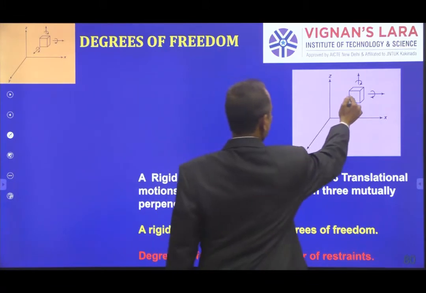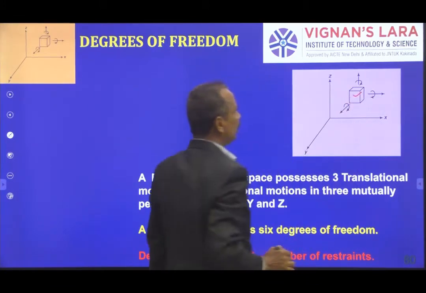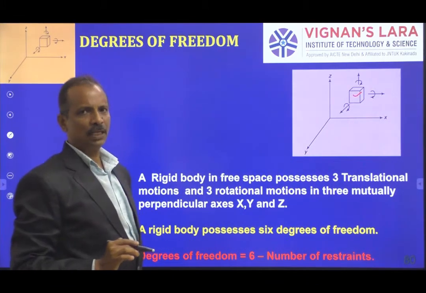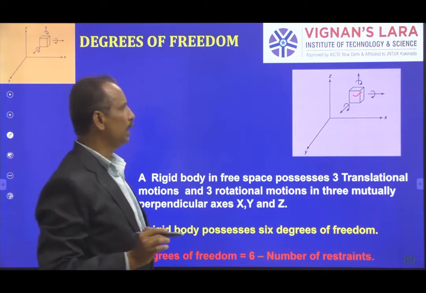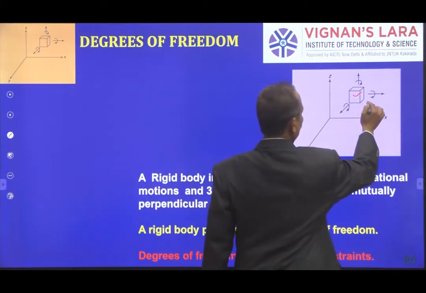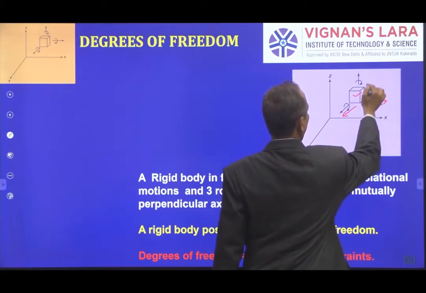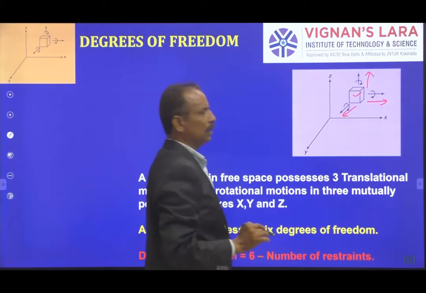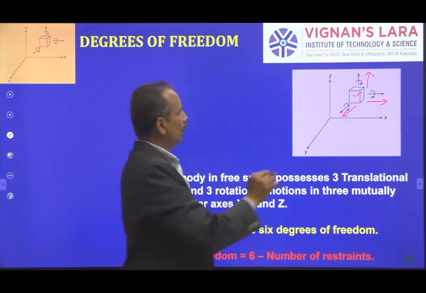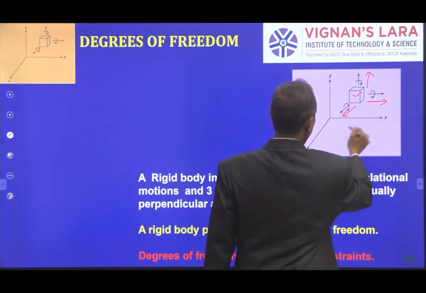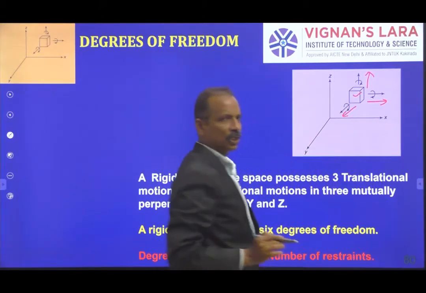Here you can see a body placed in space. This body can move longitudinally, transversely, and perpendicular to that, in 3 directions. So it can move in the x direction, y direction, and z direction.